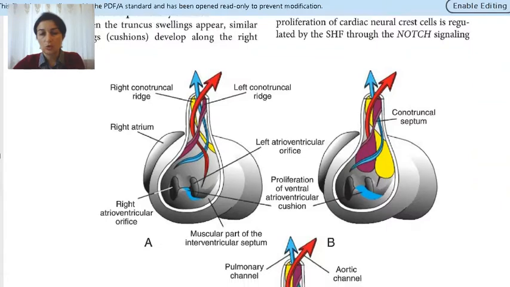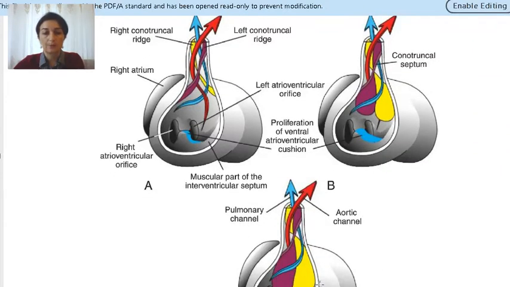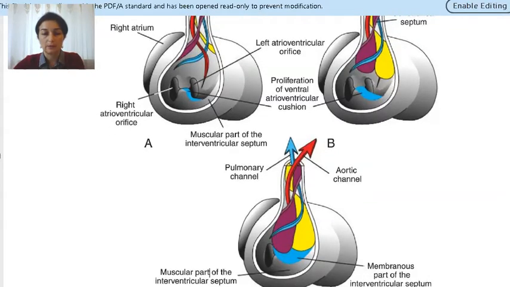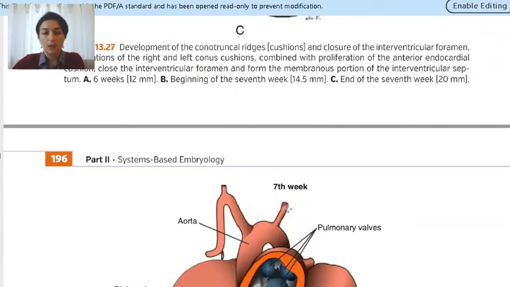So the conotruncal septum is formed. That is, the pulmonary channel will be here, that is the outflow from the right ventricle, and from the left ventricle it will be the aortic channel, as we see here. So this truncus subdivides into two.